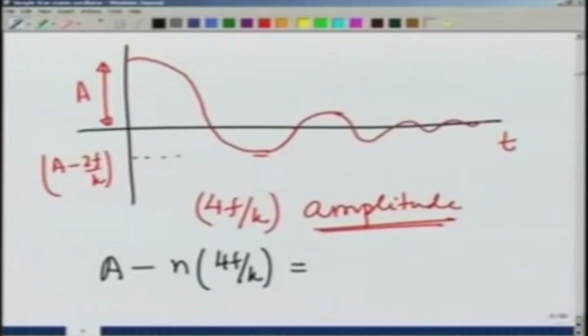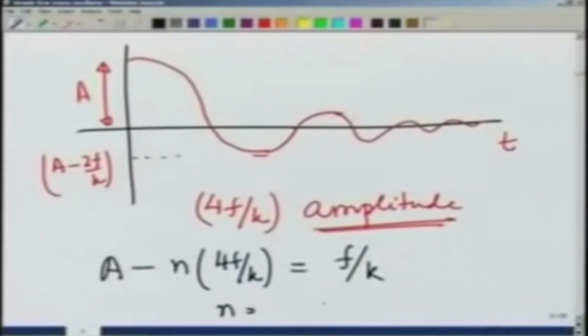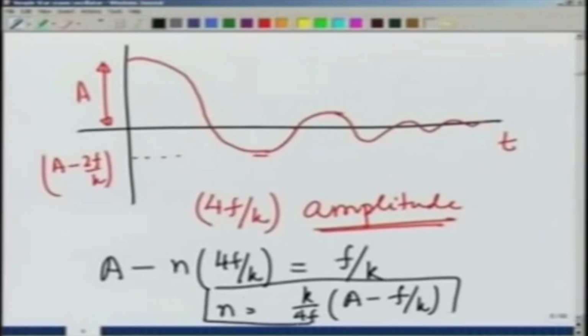Where does it come to a stop? At a distance f over k, because there friction and spring force balance each other, and this gives you n is equal to a minus f over k times k over 4f. That is the number of cycles that the particle would perform before it comes to a stop.